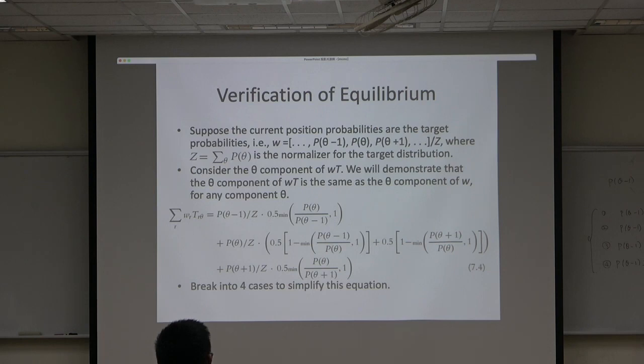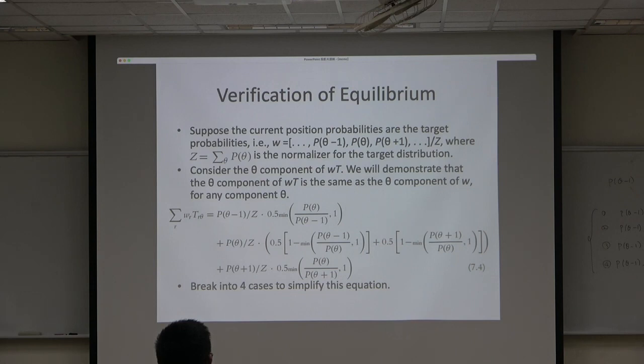So instead of going through all 4 cases, let's just focus on 2 of them. Let's just pick the first case and the second case. The third case and the fourth case, you can do by yourself, okay? So let's try to plug the first case and the second case into the formula and see what this formula is going to end up with, okay?